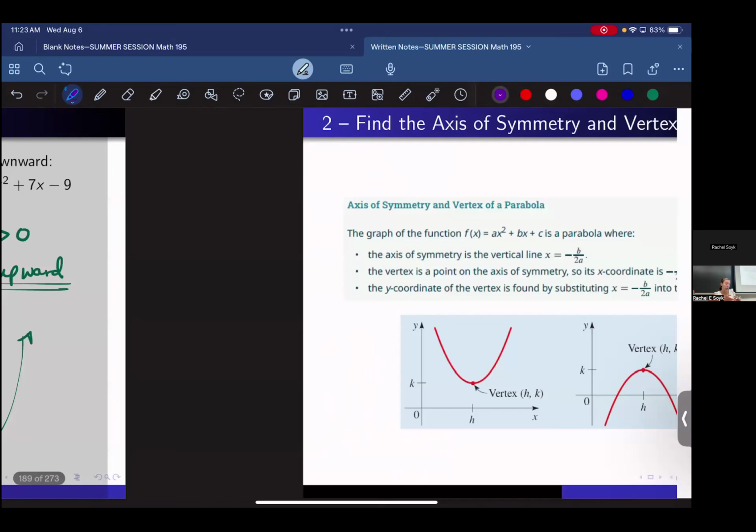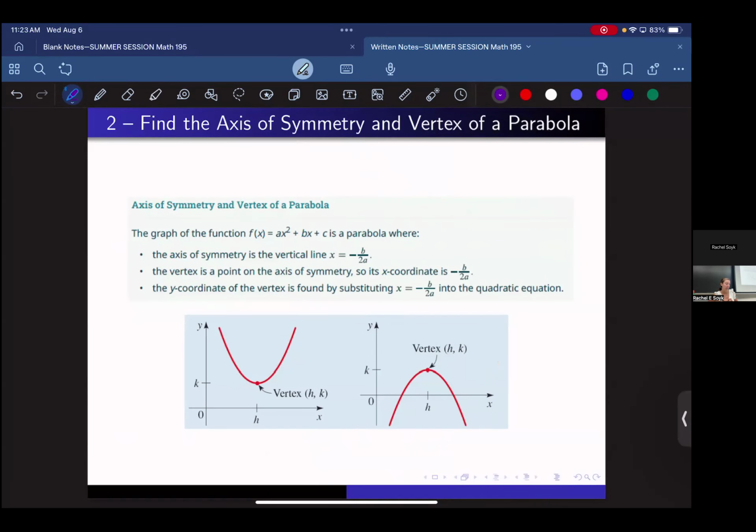Our objective 2, we've spoken about it a bit, but now here are the formalized definitions: the axis of symmetry and vertex of a parabola. The axis of symmetry is x equals -b over 2a, and this represents your h value in your vertex, h comma k.